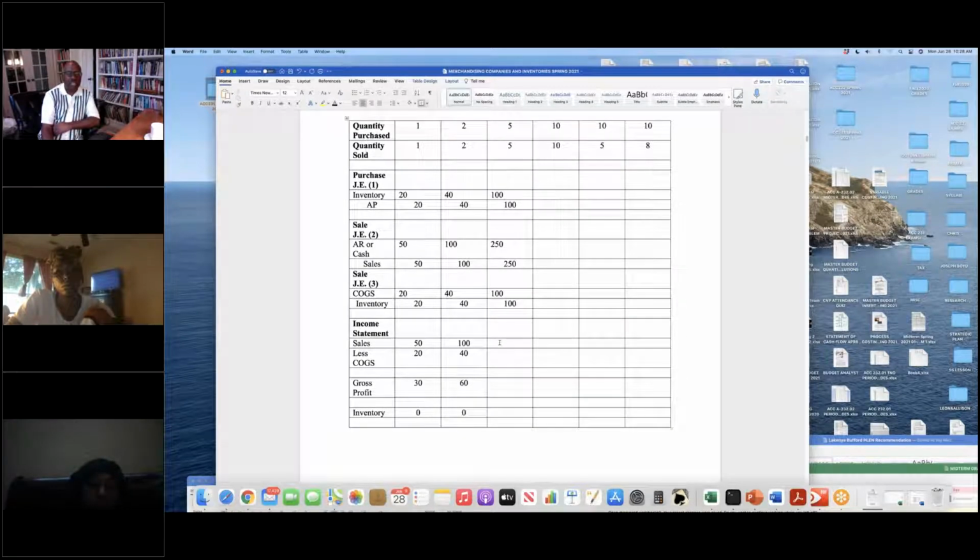What's our income statement looking like now? 250 for sales and 100 for less costs. So our gross profit is what? 150. And we don't have anything in inventory.